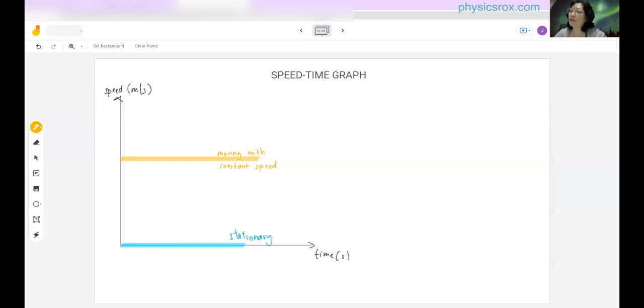So let's say now we have this kind of graph, like this. This graph is showing a line going up. So for this particular object, do you think it's moving or not moving? What do you think? Moving. Okay. How about the speed? Is it constant or is it changing?